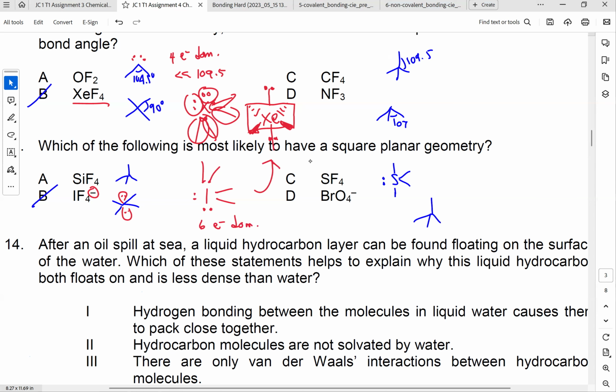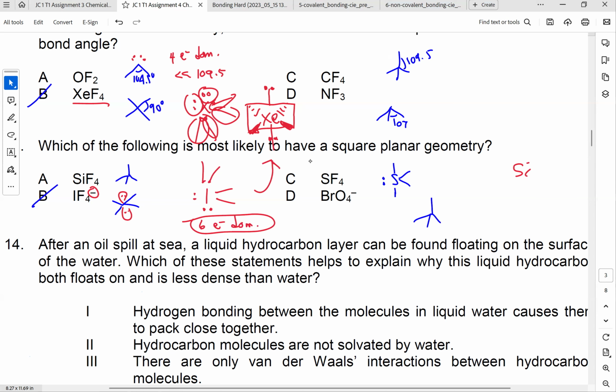Whereas SF4 is seesaw. So how do you know when one is tetrahedral and one is square planar? Square planar is only when you have 6 electron domains. Tetrahedral is 4 electron domains. Like silicon.